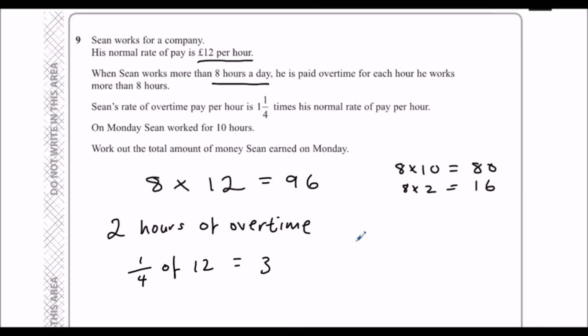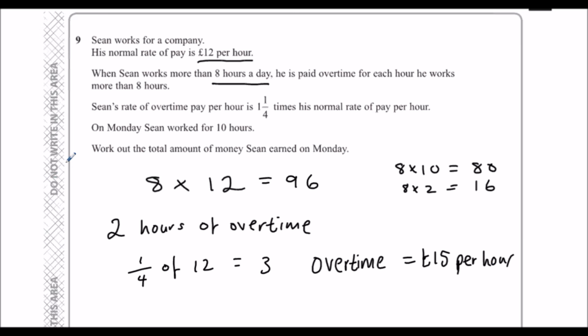So he gets 1 1/4. So 1 is 12, his normal pay, plus an extra quarter, which is 3. So for overtime, he gets £15 per hour.